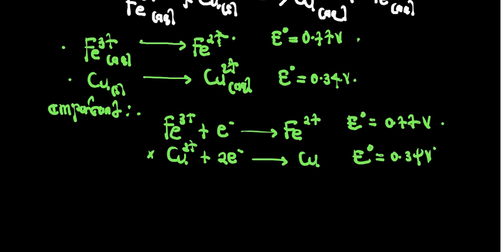Or maybe I should be asking like this. When a half reaction is reversed, what happens to the sign of that half reaction? Okay, it changes. How about when a half reaction is multiplied by an integer?